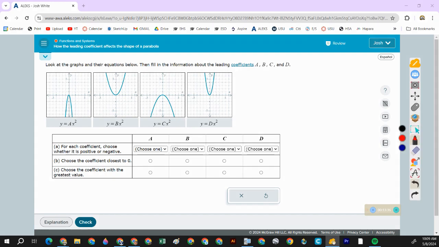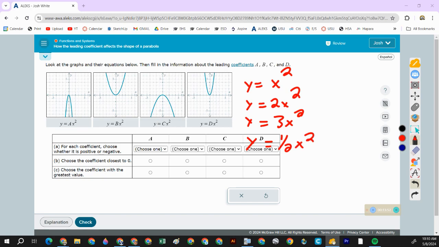So what is the difference between y equals x squared, y equals 2x squared, y equals 3x squared, y equals 1/2 x squared? So all of these coefficients are happening outside of the x, which means they're going to affect the y-axis.